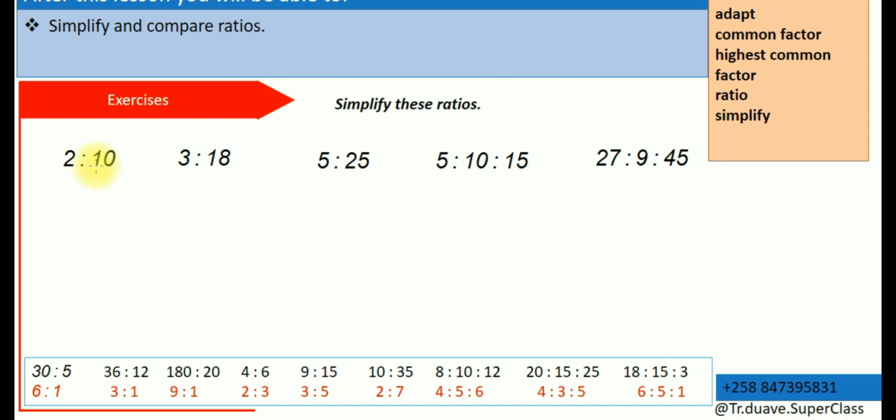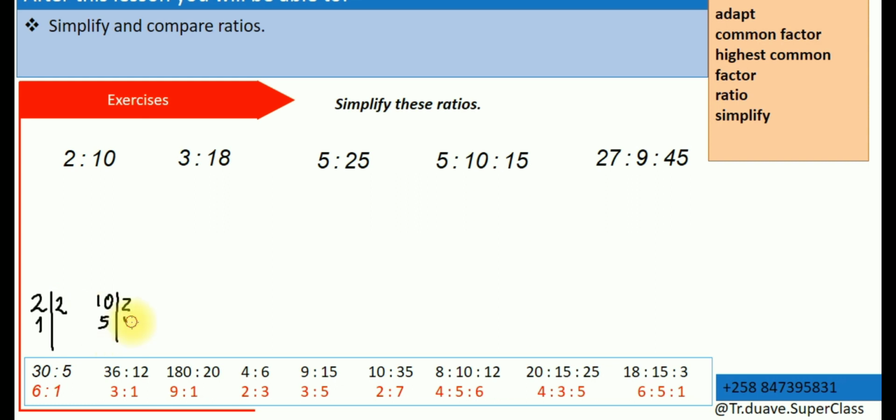As we have learned, the first step is to factorize each of the quantities. We have two quantities, which are 2 and 10. So let's factorize them. 2 we can divide by 2, which is the first prime number, and the result is 1. Done. 10 we can divide by 2, the result is 5.